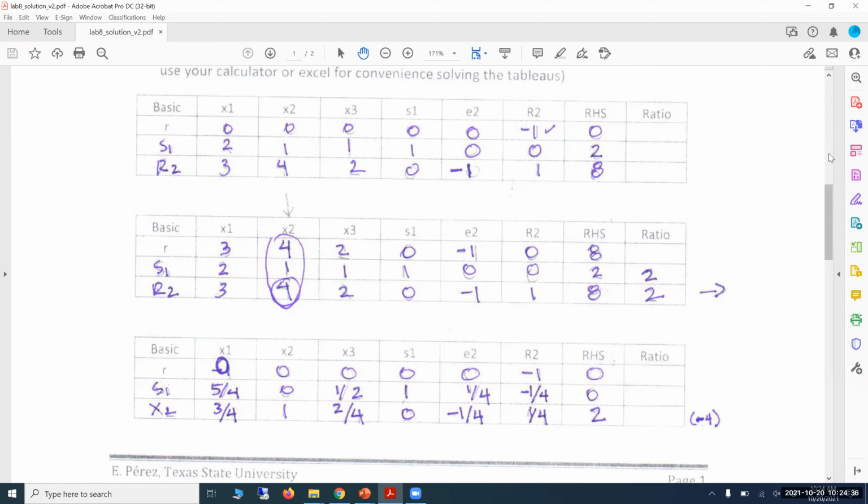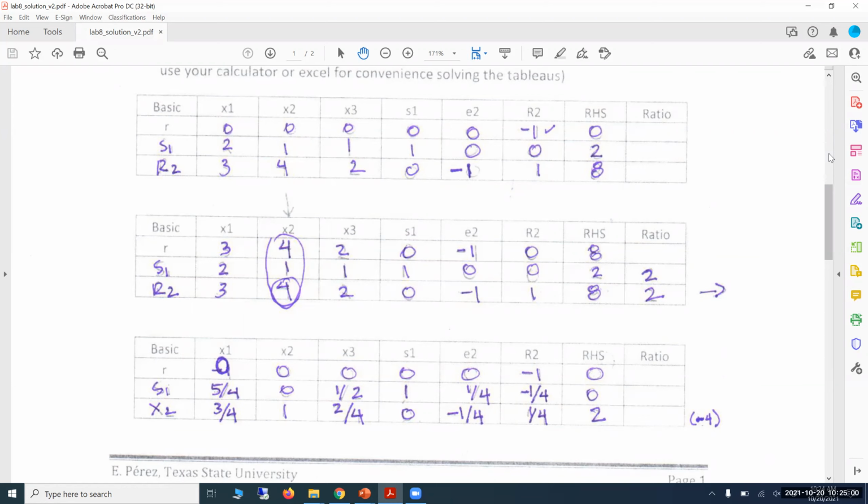Well, this is after the first iteration. So the Tableau that you're looking at, the initial Tableau is the one at the top. Oh yeah, so that's for solving the problem.